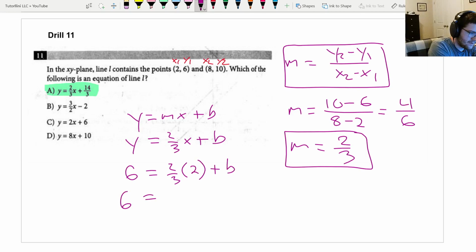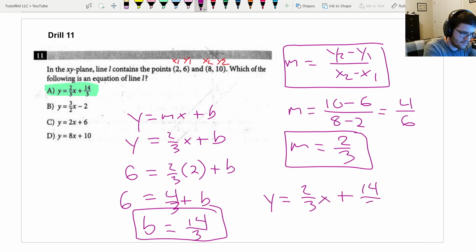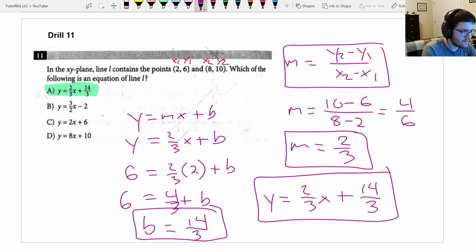So 6 equals 4/3 plus b. Now I subtract 4/3 from both sides. 6 minus 4/3 is 14/3. So the equation is 2/3 x plus 14/3. Great. So that is A. That is right.